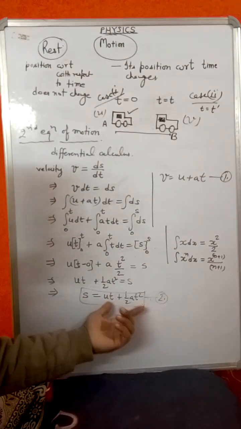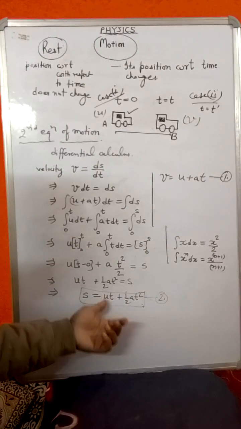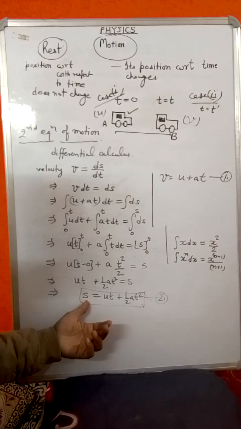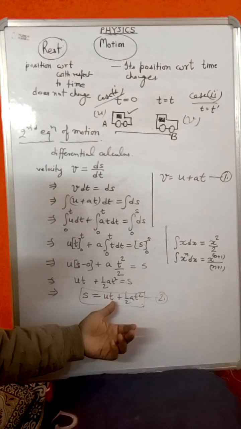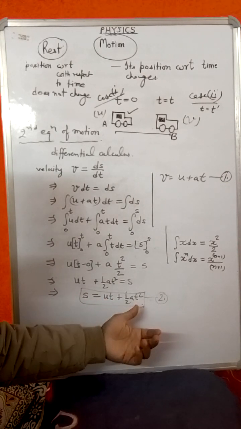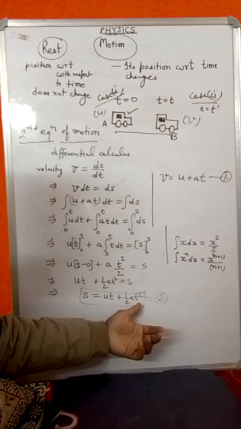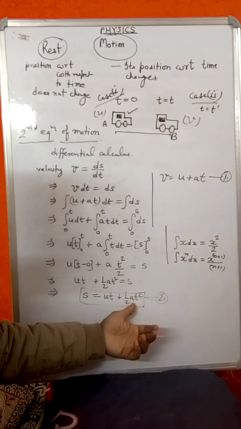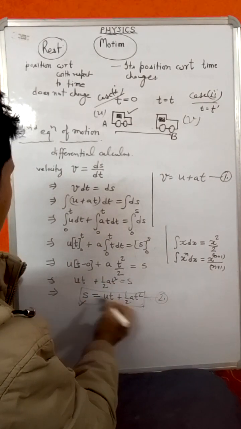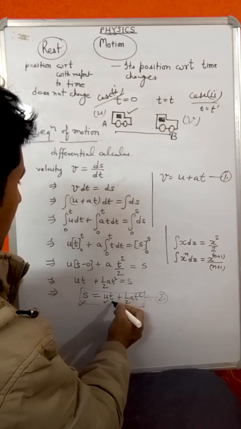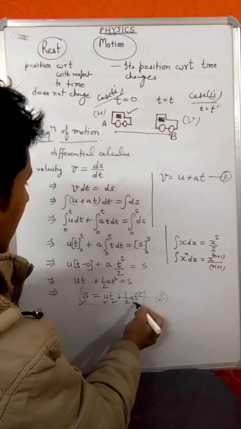Now the beauty of this second equation of motion is, whenever you have been given a displacement, an initial velocity, and a time interval, you can find out acceleration. So here how many unknowns are there? s is here, u is here, t is here, and a is here.